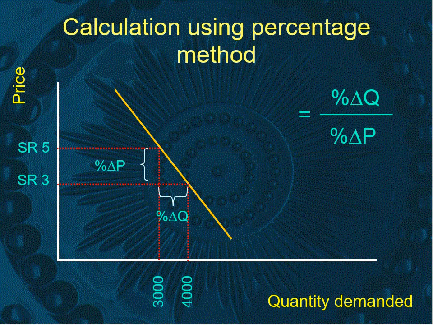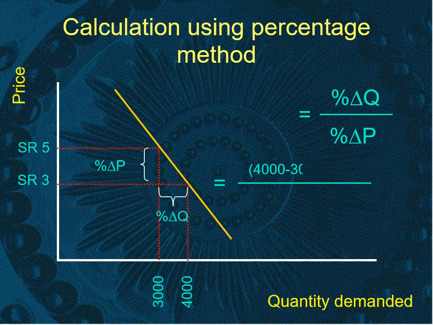To identify the price elasticity using percentage method, we need to identify the percentage of change in quantity and the percentage of change in price. And then we apply into our formula where the price elasticity equals the percentage of change in quantity divided by percentage of change in price.